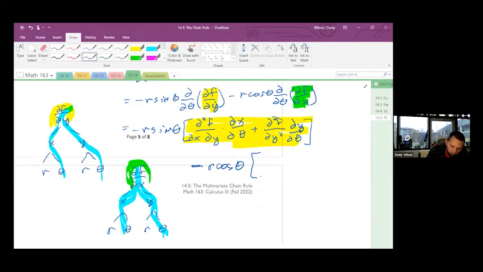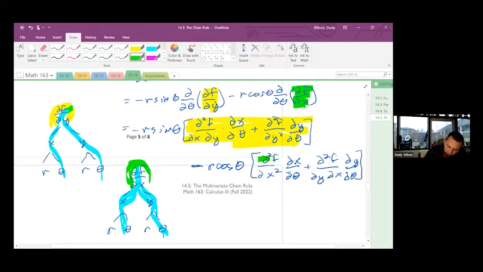times the same thing. So now we're in the green part. We're going to go second partial of F with respect to X times partial of X with respect to theta, plus second partial of F first with respect to X, then with respect to Y, times the partial of Y with respect to theta.